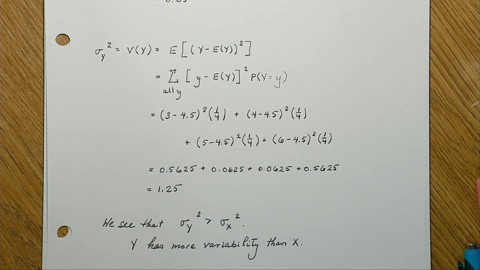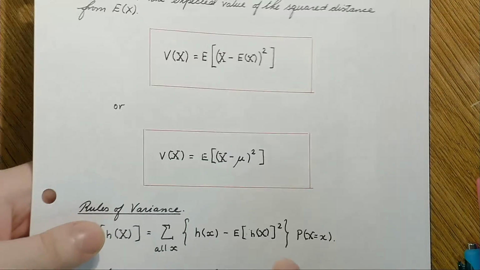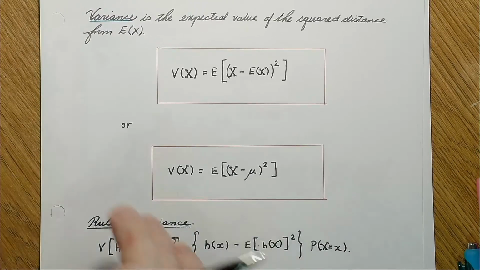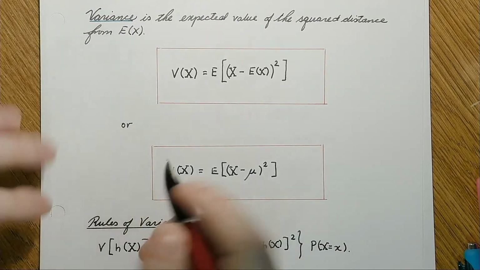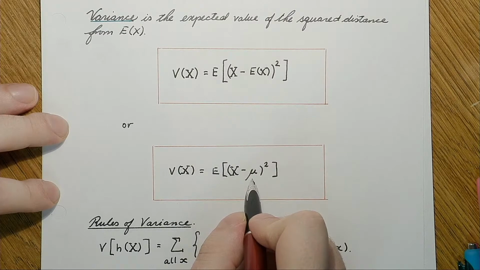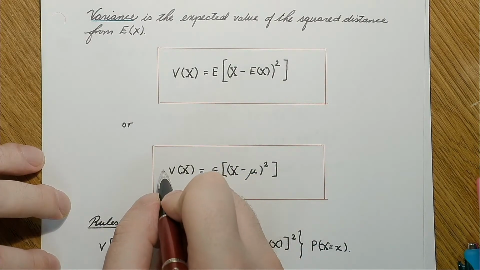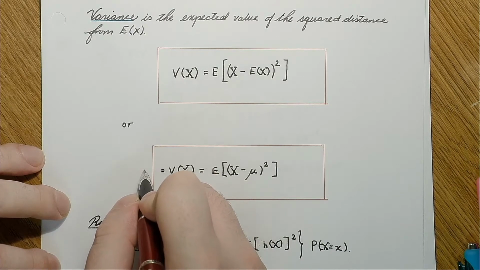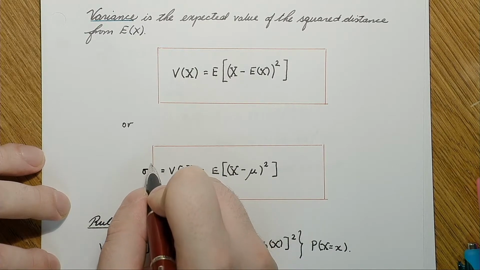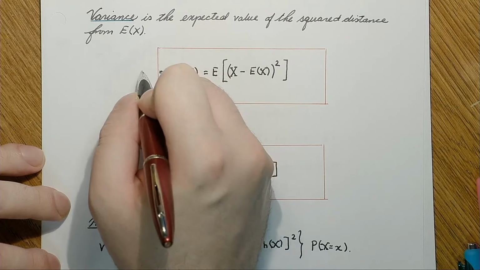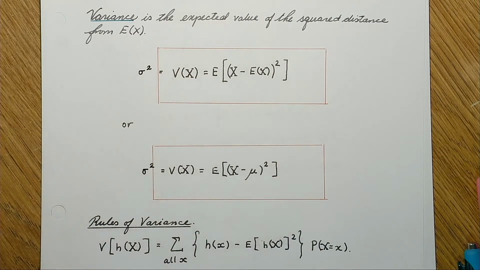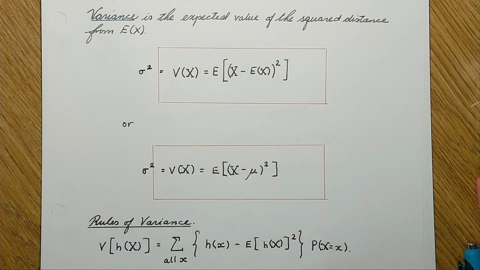I just want to mention that variance can also be written as, so when we had mu over here, some people will use sigma squared.